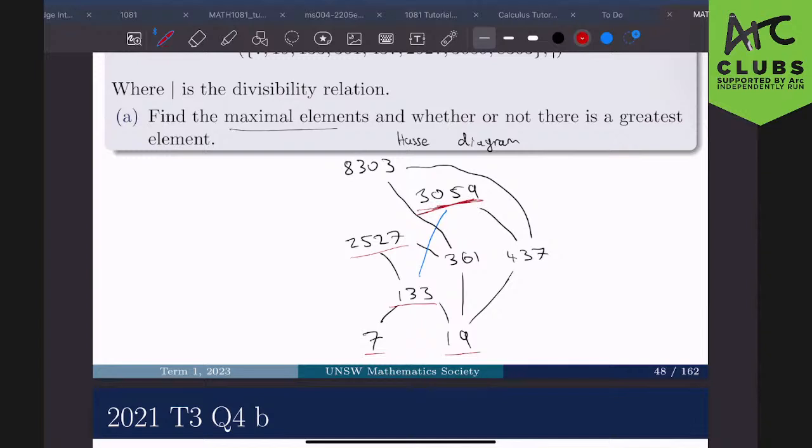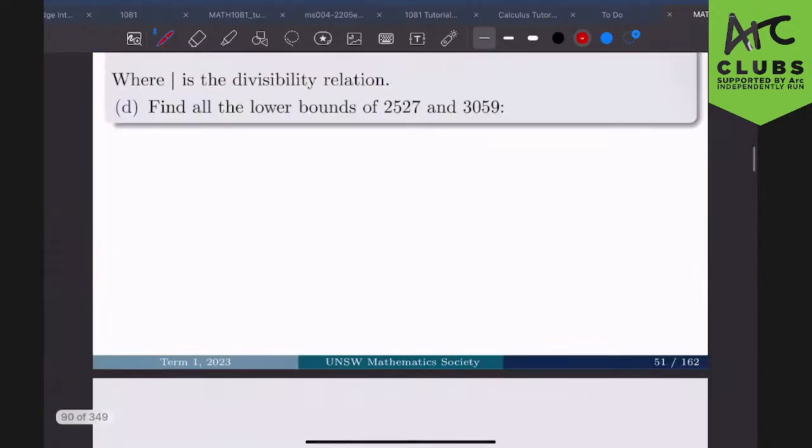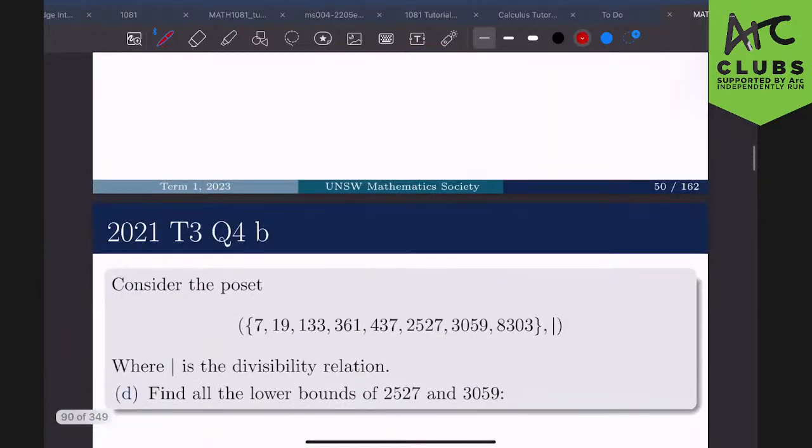So our answer for the upper bounds of 7 and 19 would be the set of these three numbers, and next the lower bounds of 25 and 30.